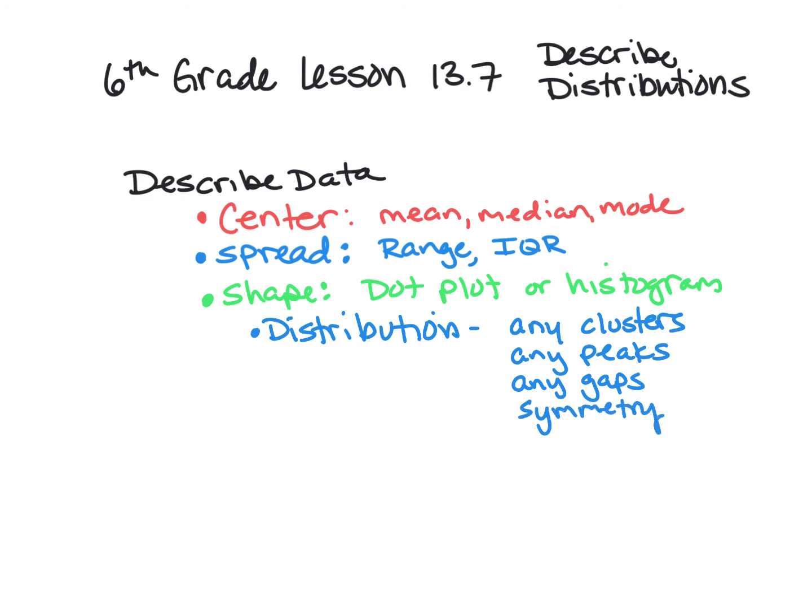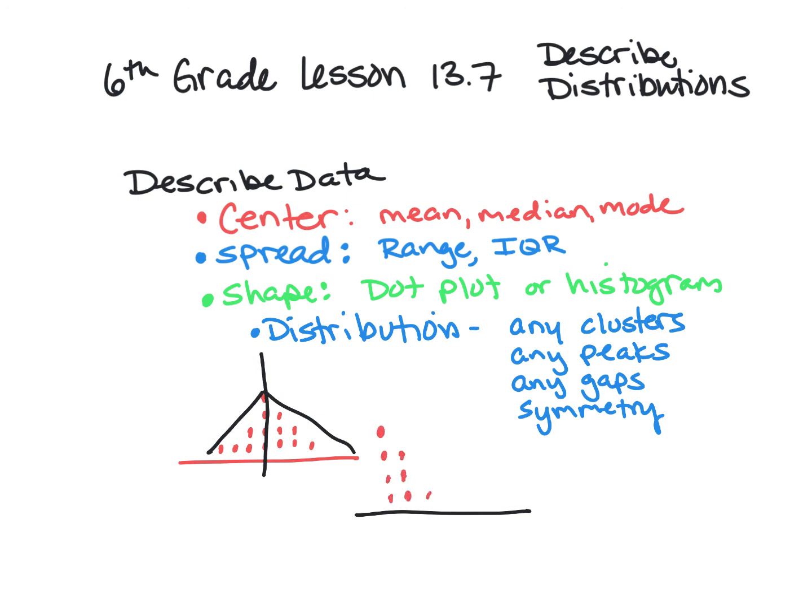Something that would be symmetrical would be like, if that was my center, and if I drew a line down the center, it looks the same. Mountain peak there. Something that would not have symmetry would be like this, because it's leaning more in one direction. So these would be the ways we describe the distribution of the information.